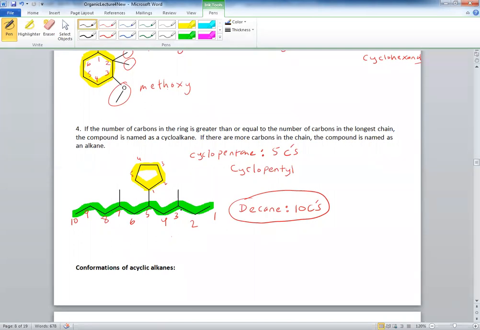In this case, we name this as you have 2 methyl groups and you have a cyclopentyl. Cyclo is alphabetized. That occurs at 5. So you say 5-cyclopentyl-3,7-dimethyldecane.